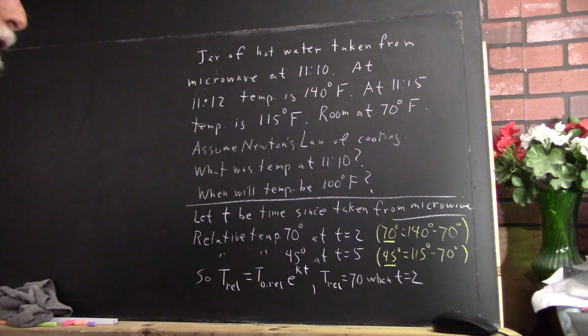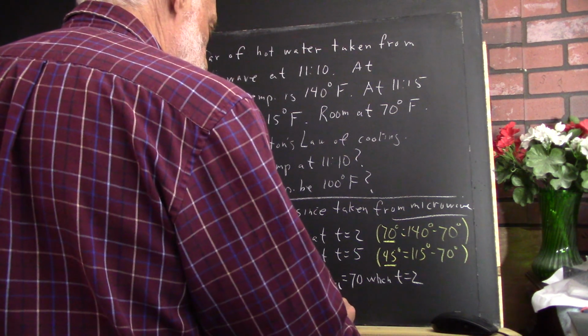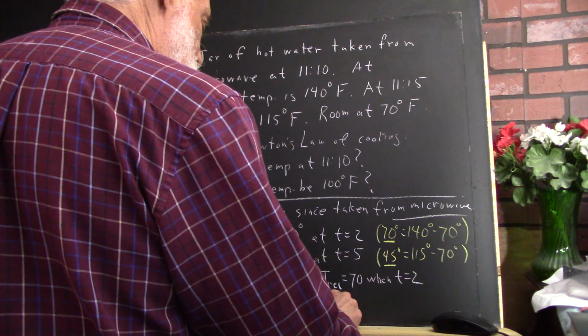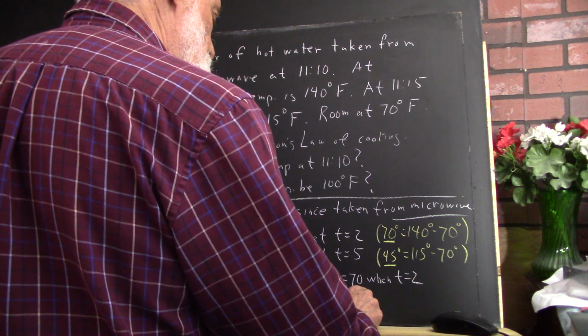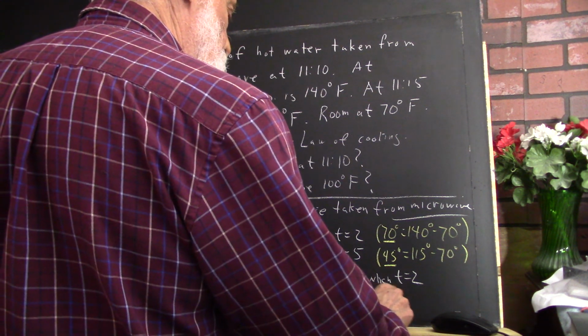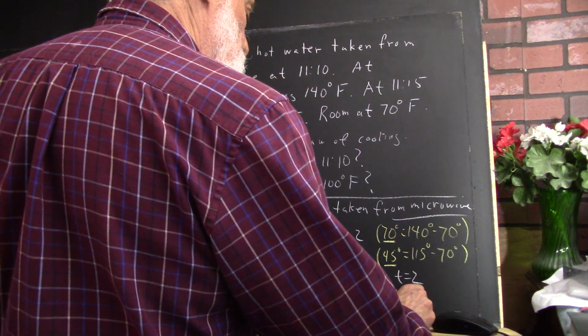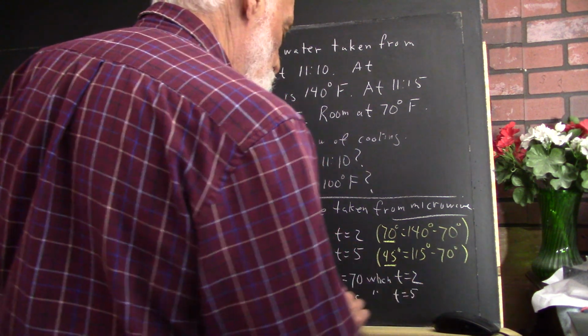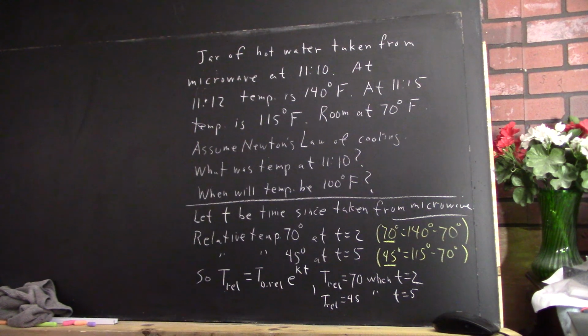Relative temperature is 70 when T equals 2. And it equals 45 when T equals 5.